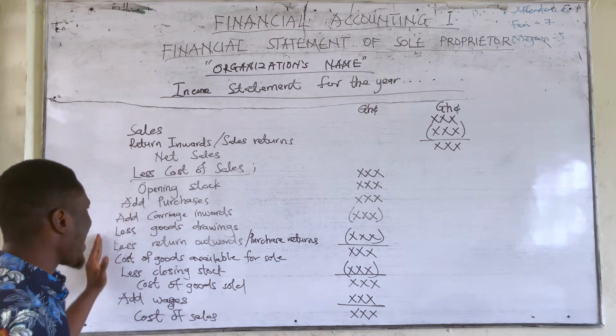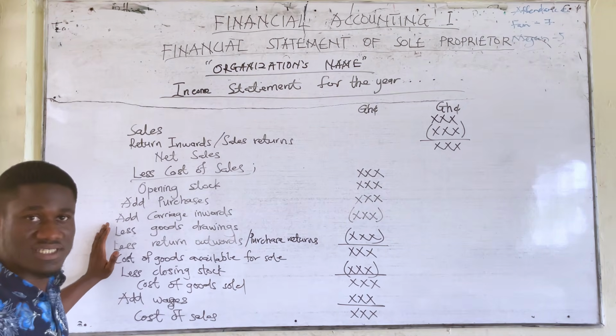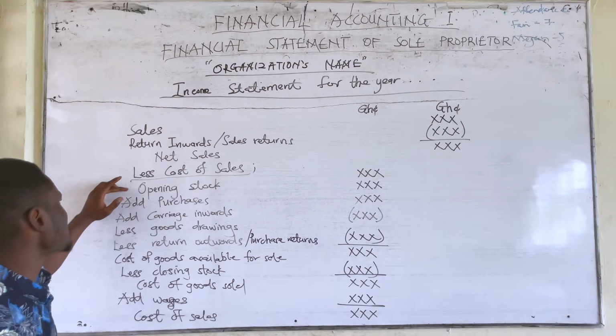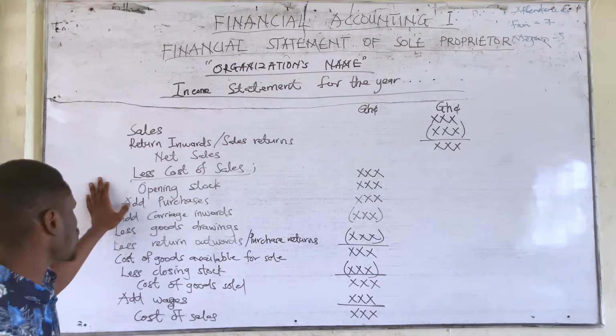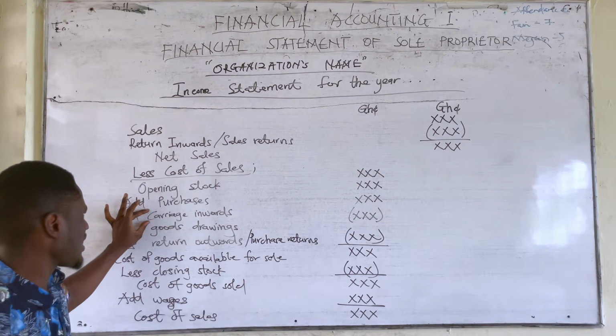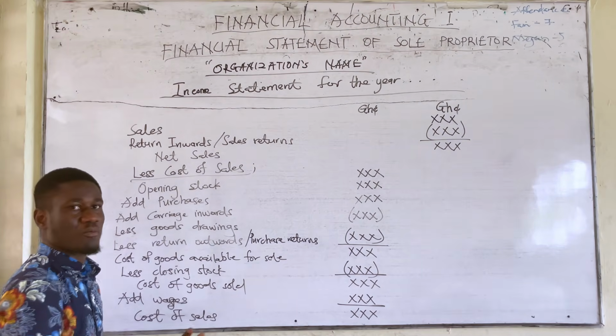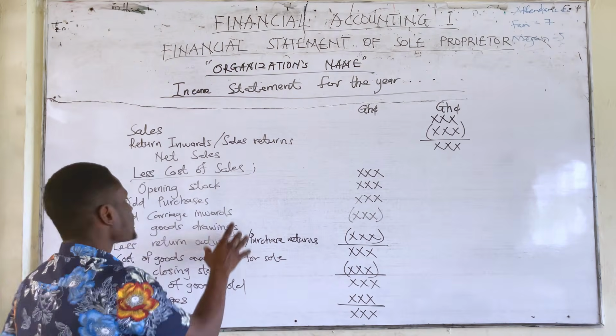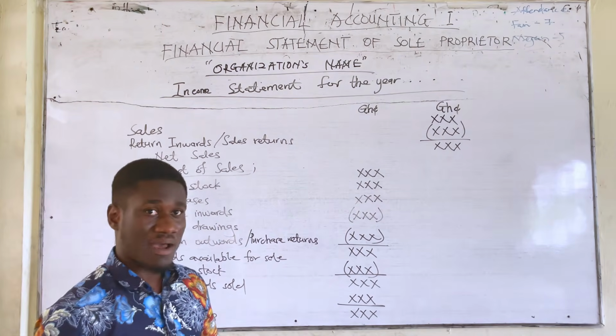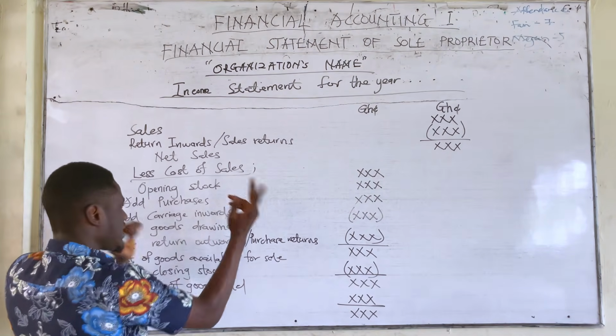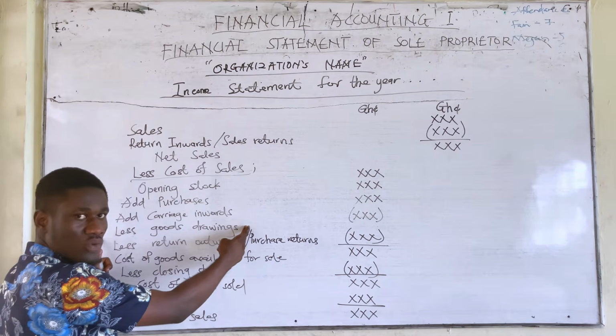Normally, it's not every item that I've written here that you see in the trial balance. Sometimes you have your opening stock, you have your purchases, and sometimes you will not have your carriage inwards. So since you already know your format, if there is no carriage inwards in the trial balance, you just jump carriage inwards towards goods drawings.